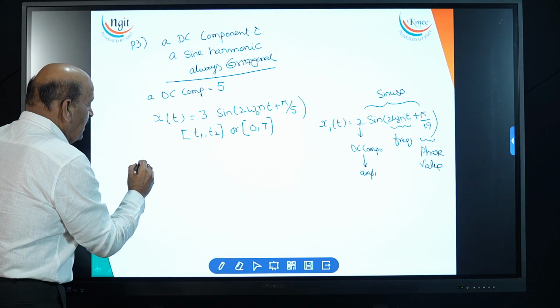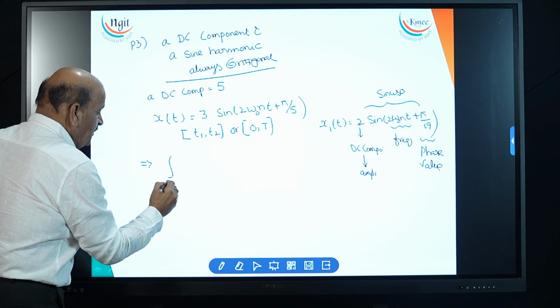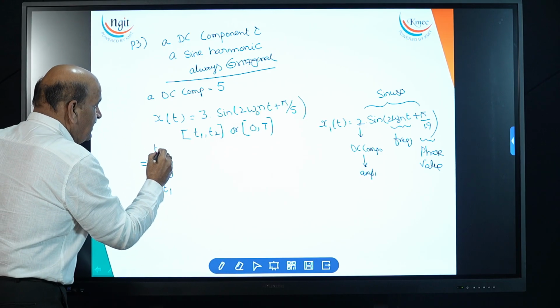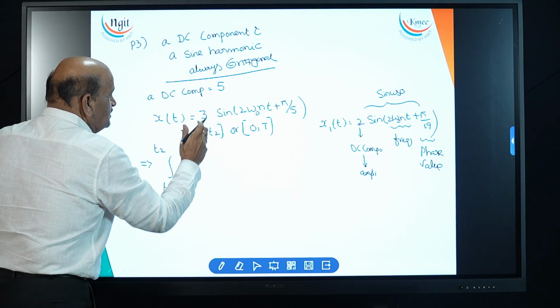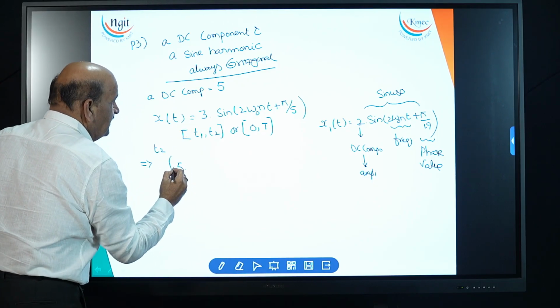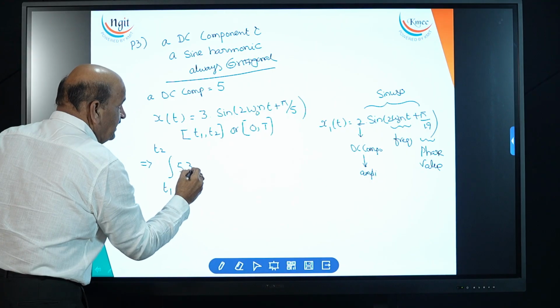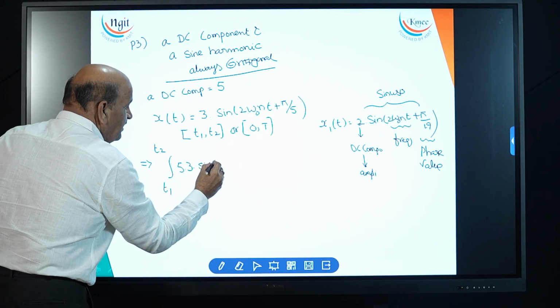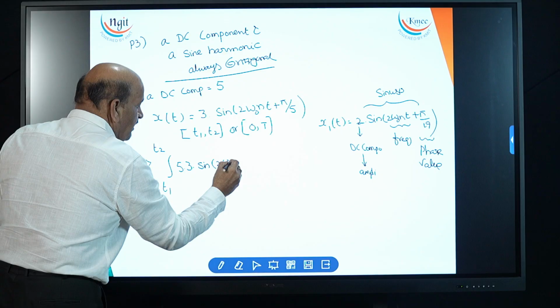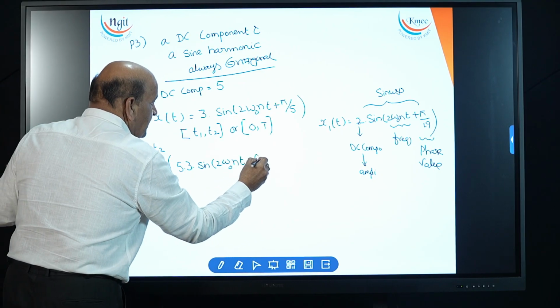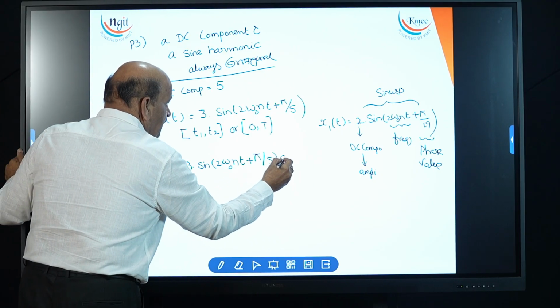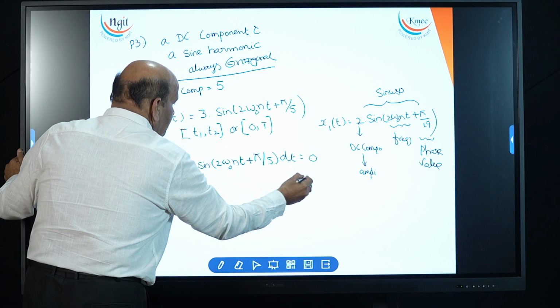These two are orthogonal. This implies over the time period t1, t2, multiply these two: the integral of 5 times 3 times sine(2 omega naught t plus pi by 5) dt equals 0.